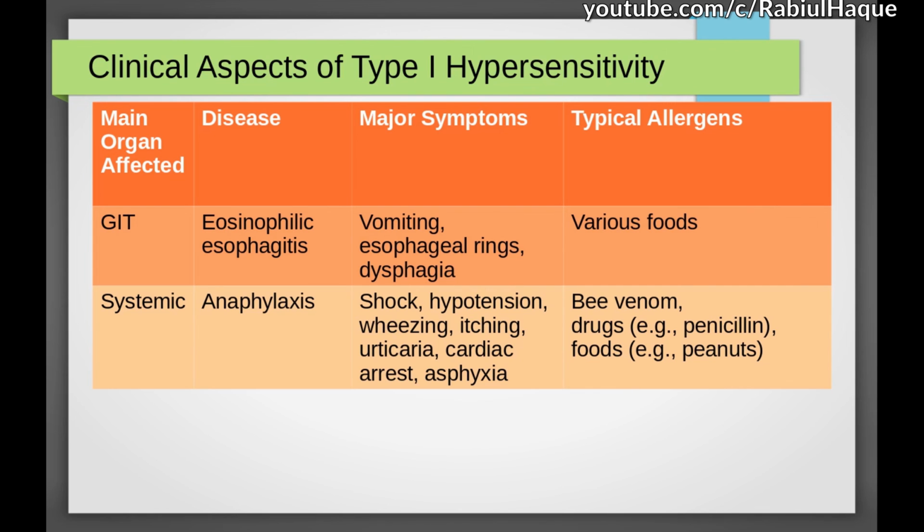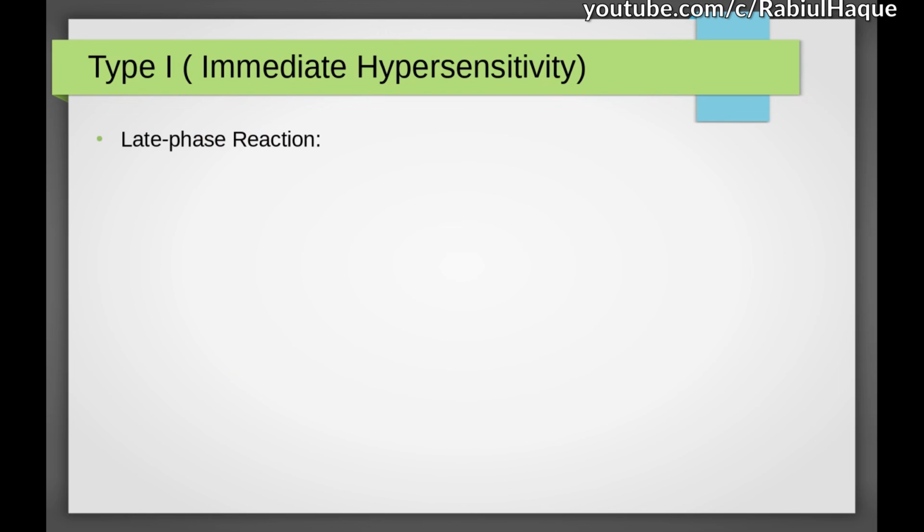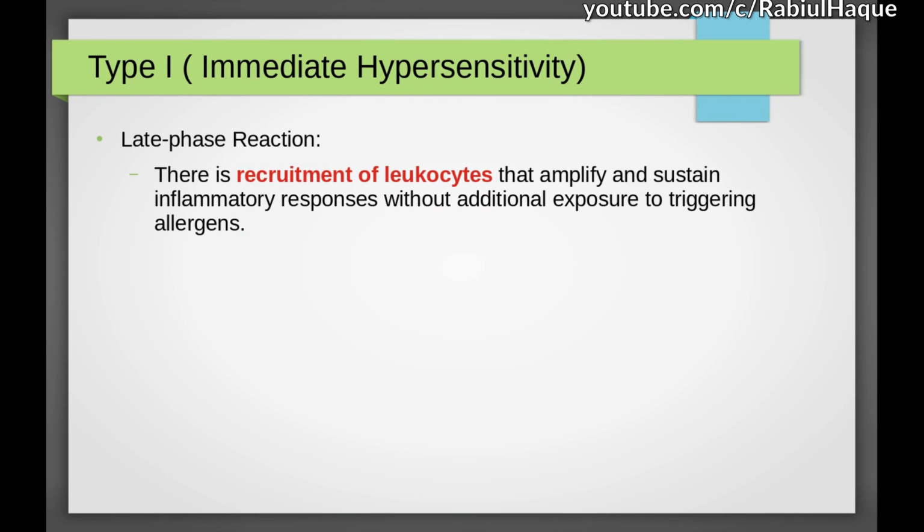Now, the last topic that we will talk about today is regarding the late phase reaction of type 1 hypersensitivity. What do we mean by late phase reaction? There is recruitment of leukocytes that will amplify and sustain the inflammatory responses without additional exposure to triggering allergens.